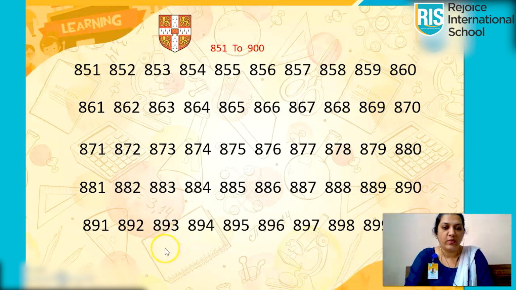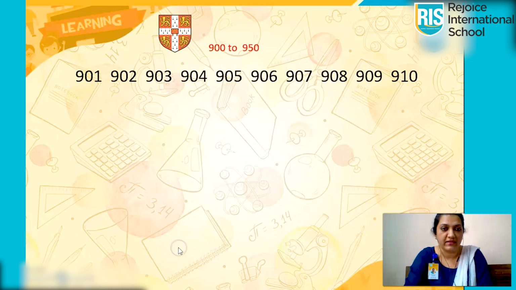Okay. So now that we have learned 851 to 900 on this slide, I think right from 801 till 900 should not be difficult for you to write. So we move on to the next one, which is from 900 to 950. It's the very same way.